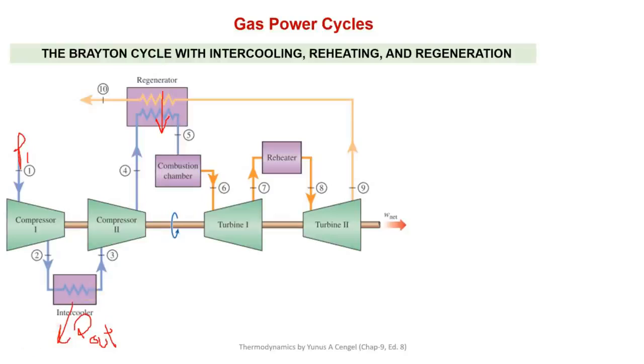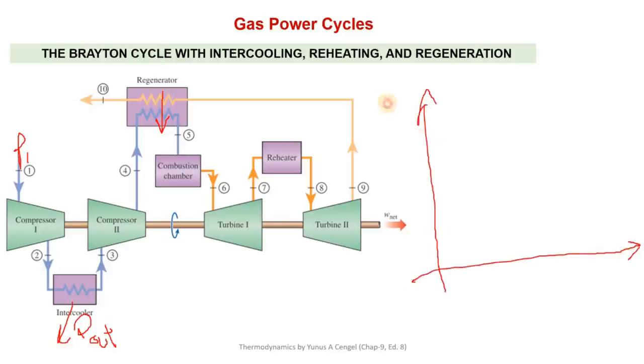So now I will draw the TS diagram of this new Brayton cycle, which has all the possibilities of utilizing intercooling, reheating and regeneration processes. So let me draw it here.